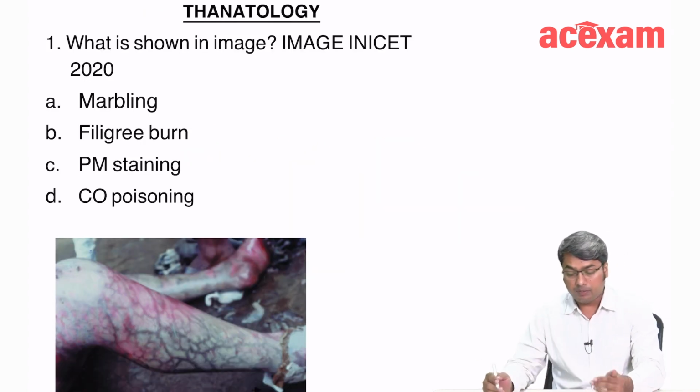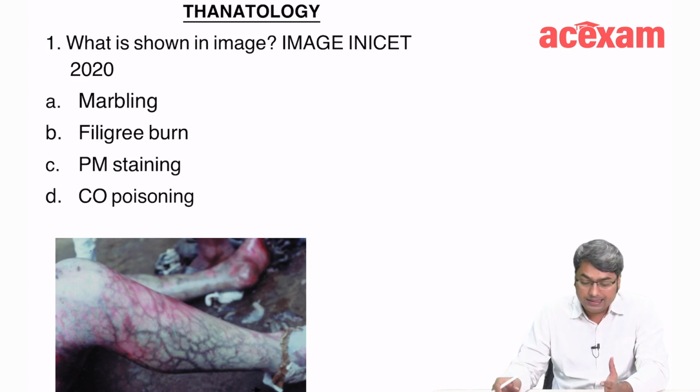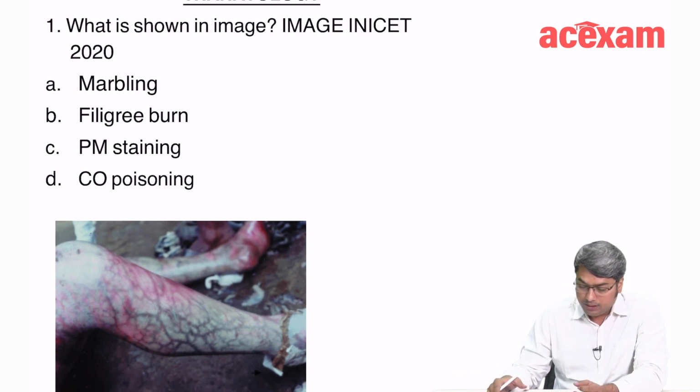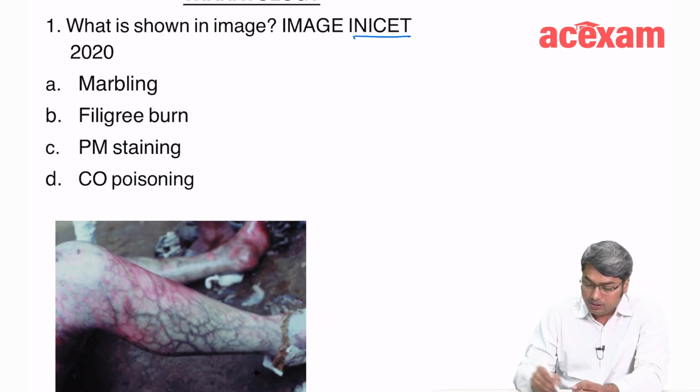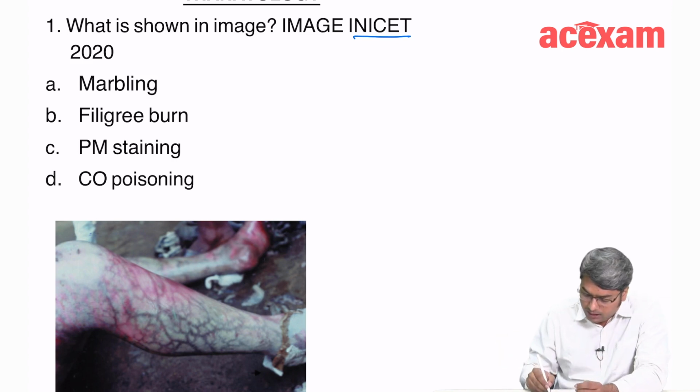We will be discussing the questions which have come from the topic of thanatology from different aspects in the recent exams. Now, what is shown in this image? This picture came in NEET 2020 and this is a favorite area of the examiners, and they have repeatedly shown this image or other images of marbling. Okay, what is this? This is typical of marbling.